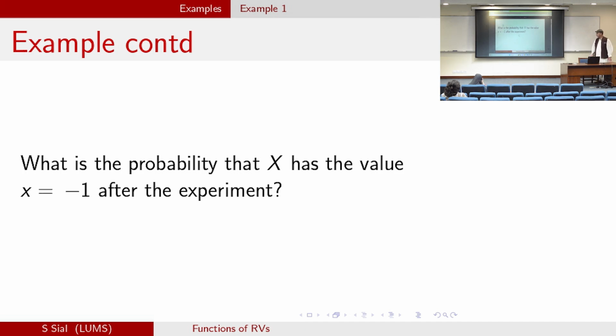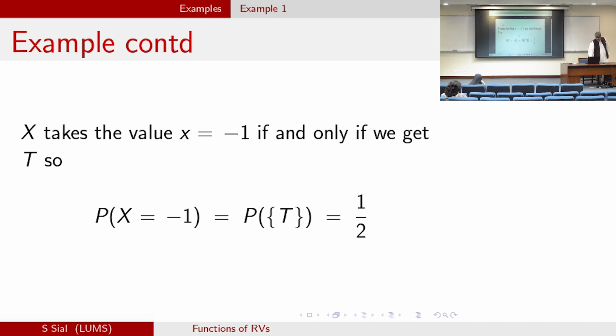What about x taking the value -1 after the experiment? It's also 1/2. Why? Because the probability that x took the value -1 is the same. That happens if and only if you got a T, and the probability of getting a T if it's a fair coin is 1/2.